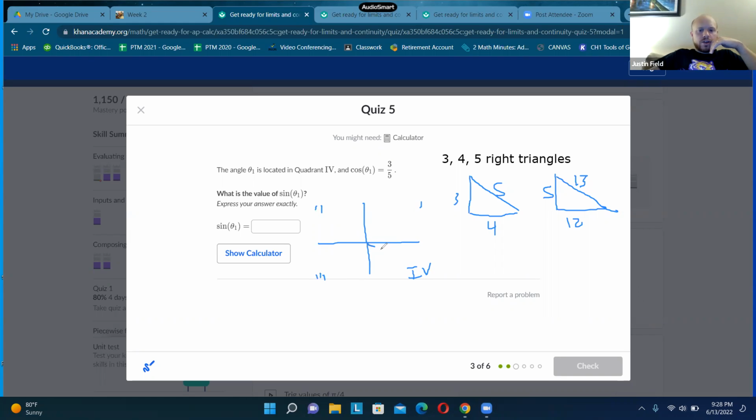So we're going to draw our triangle with the horizontal, and the cosine is 3/5, which means 3 and then fifths, and so that's 4. Pythagorean theorem or Pythagorean triple memorization. And so what is the sine of theta? This is theta, by the way. So the sine of theta would be 4/5.